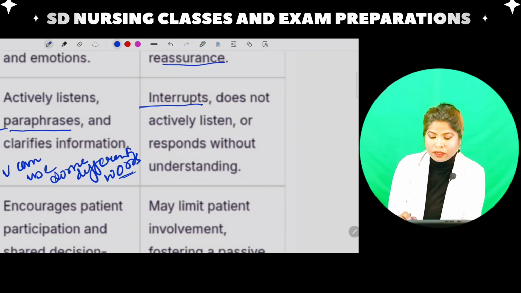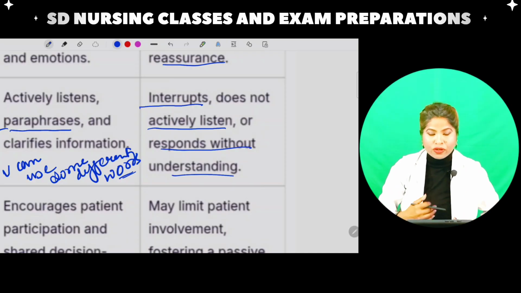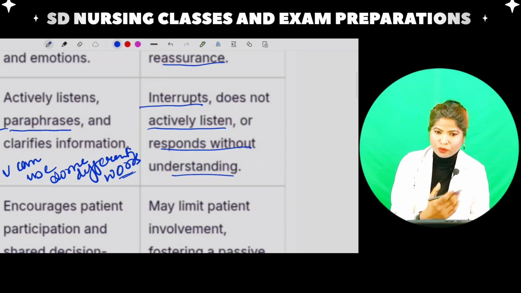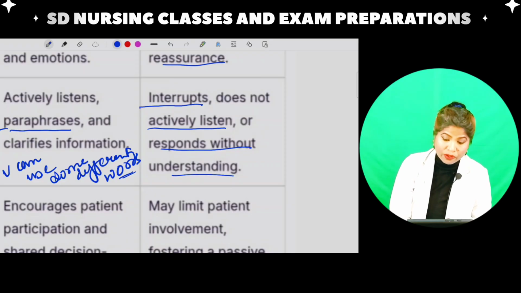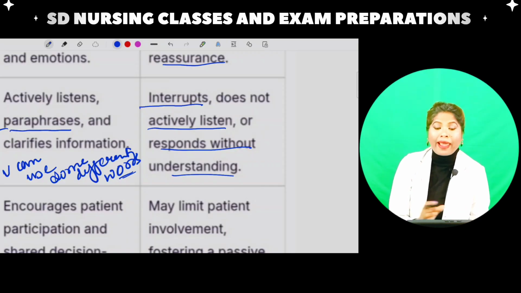You interrupt, do not actively listen, and respond without understanding, which means you are not giving importance to the patient at all. You are again and again asking questions and showing arrogance and very bad behavior to the patient, and you are not listening to the patient's problem. You are just managing your duty.